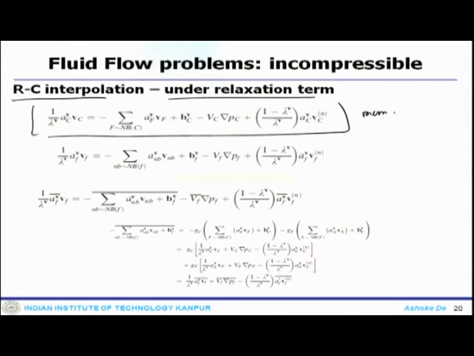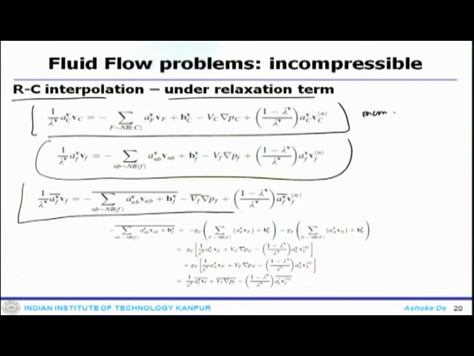If you do some algebra, this is for the momentum equation and velocity corrections, you get back this equation, which we have looked at while looking at the momentum corrections equation, and then the Rhie-Chow interpolation should be written in this fashion, and this particular term expresses the contribution from element C and the contribution from element F.